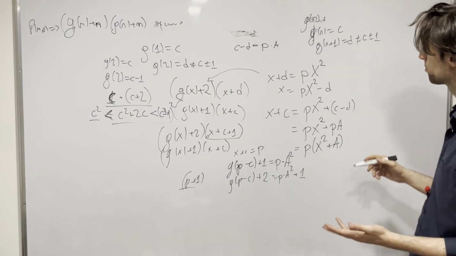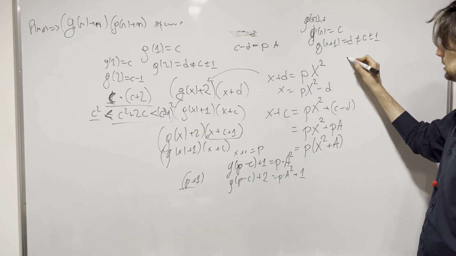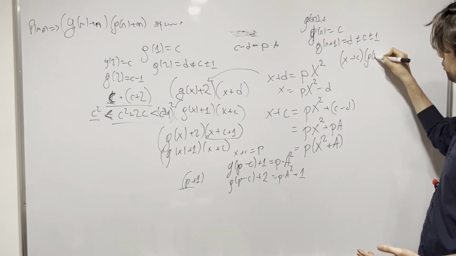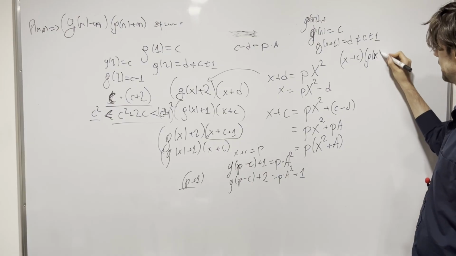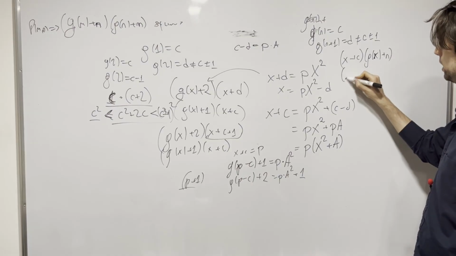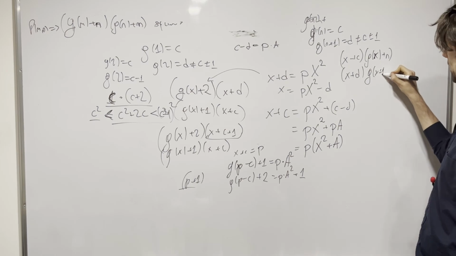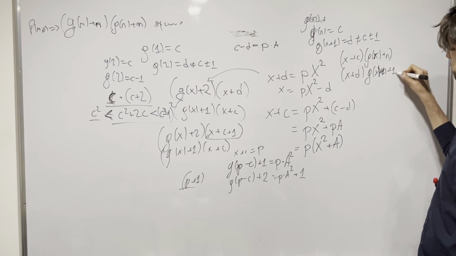Then what we have is x plus c times g of x plus n, and we had x plus d times g of x plus n plus 1.